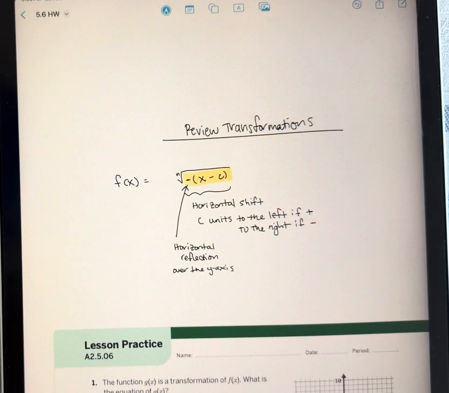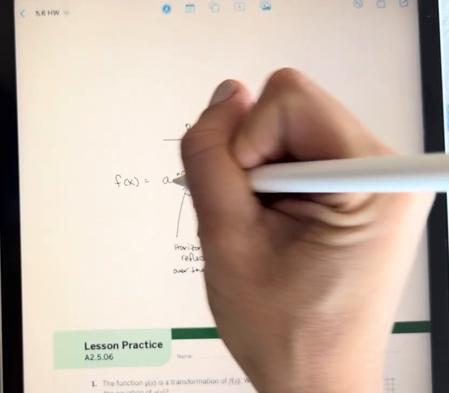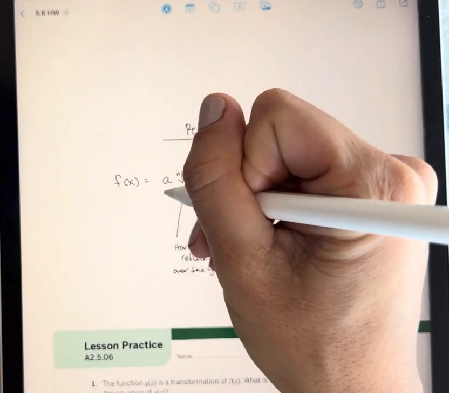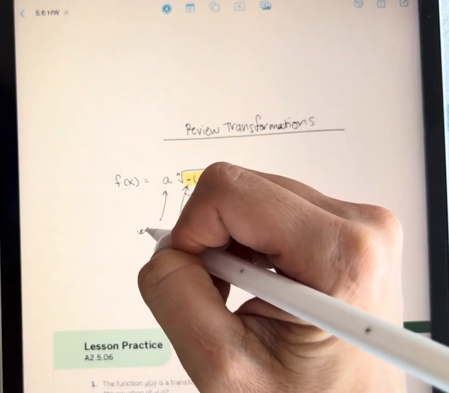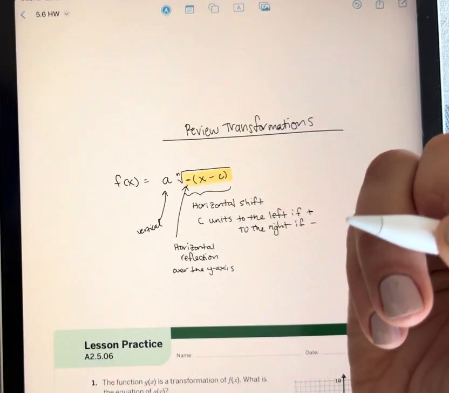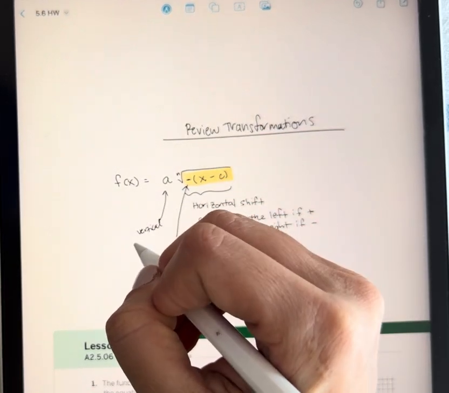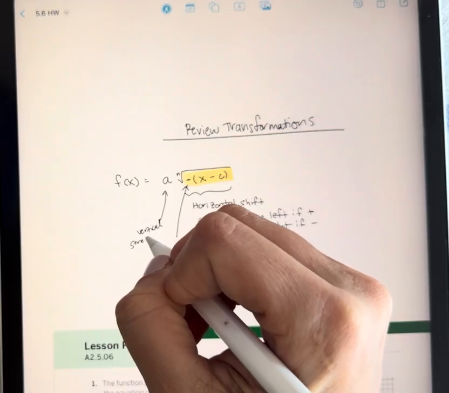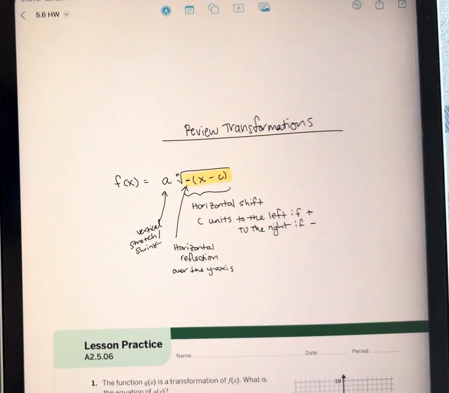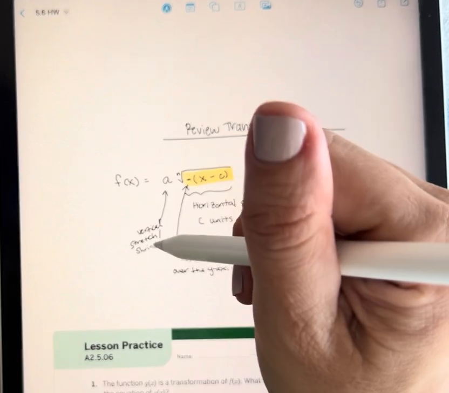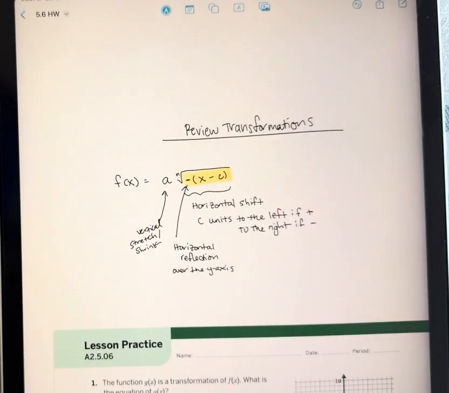Okay, now let's look at what could be in the front. In the front, we could have an a value. This a value would be a vertical stretch or shrink. I remember with parabolas, a stretch looked narrower and a shrink looked wider, so people mix them up.